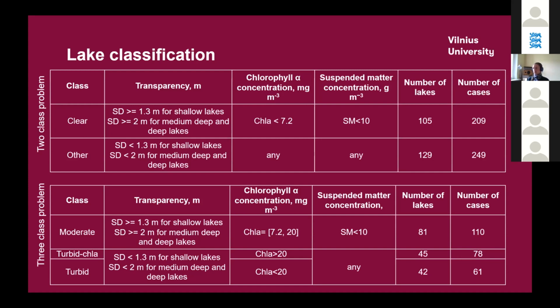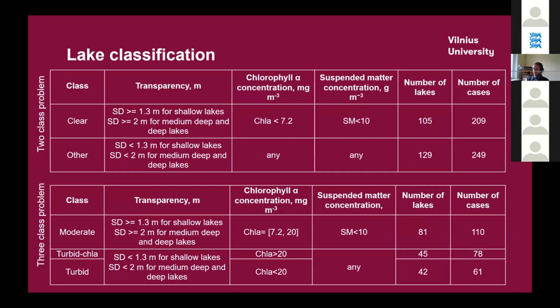One of them is characterized by a medium concentration of chlorophyll, this moderate class, and then 2 other classes are characterized by lower transparency values, and one class, this is mostly related to chlorophyll, and in another class, the chlorophyll concentration is low. So today we'll talk only about the 2 class problem, only separating the clear class and the other class.